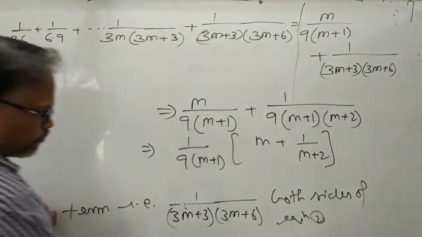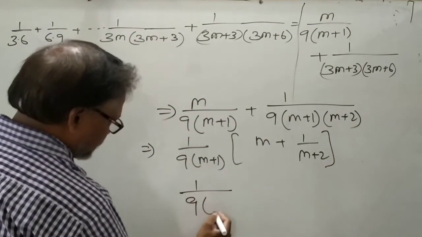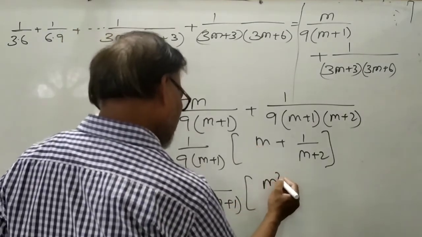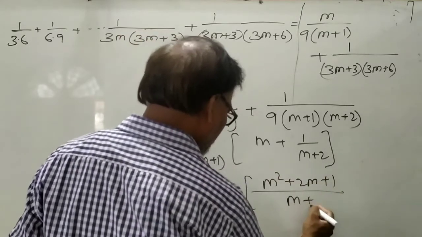एंड नाउ टेक एलसीएम इनसाइड द ब्रैकेट. तो m squared plus 2m plus 1 whole upon m plus 2.